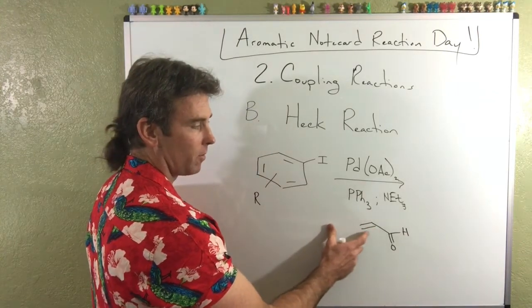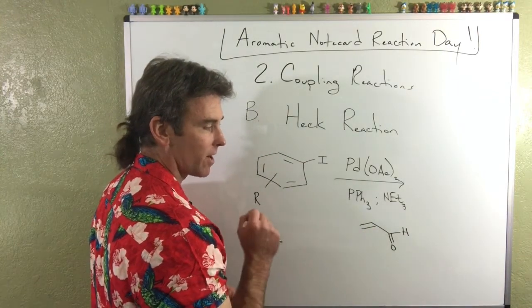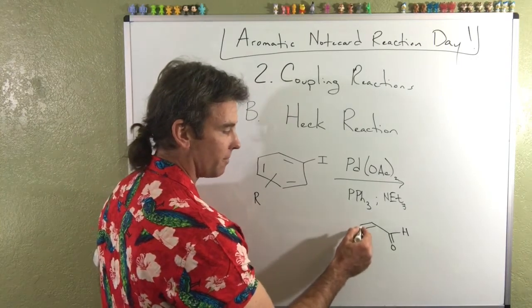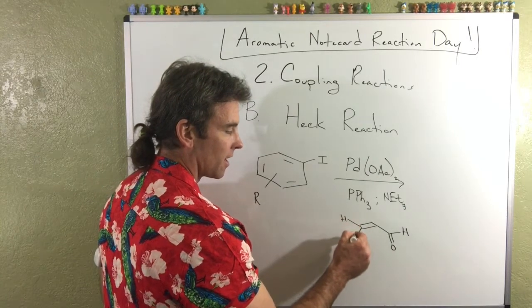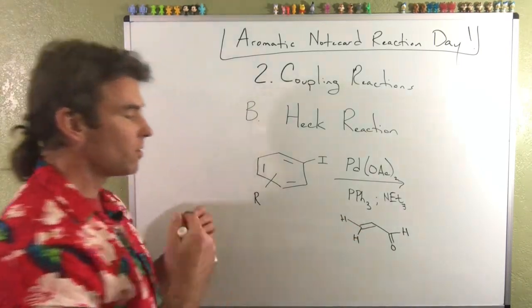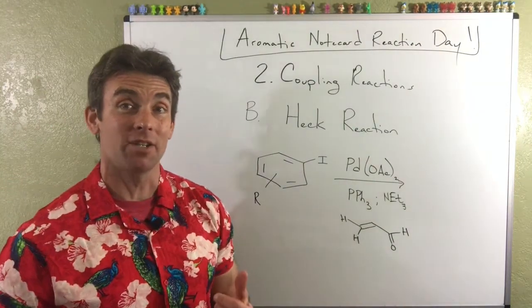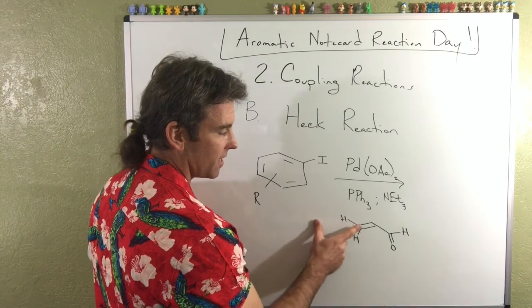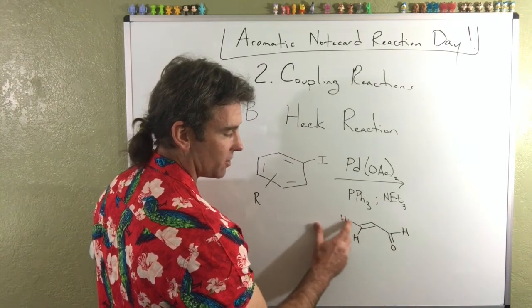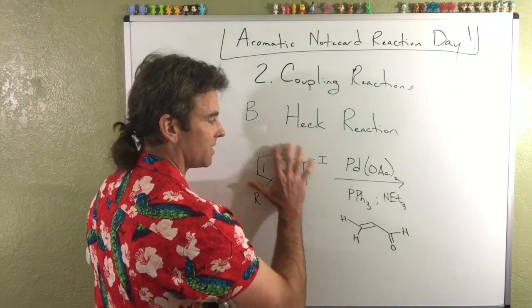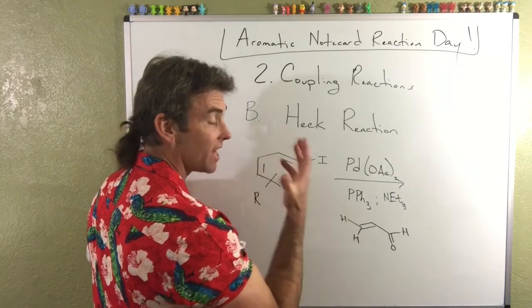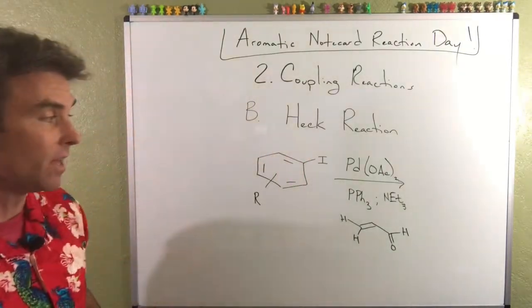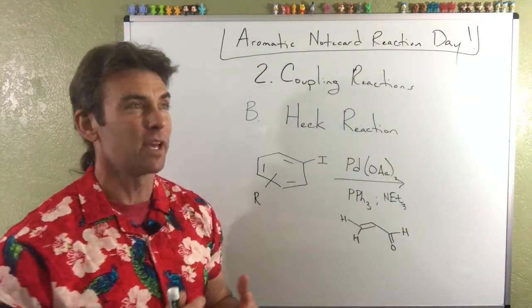Some sort of double bond. And it turns out what the Heck reaction is really, really good at, almost always in a trans fashion, is figuring out a way to have this carbon, right, that H, be replaced by this entire group right here. As I said, the mechanism is, I wouldn't say it's easy, it's involved, right?